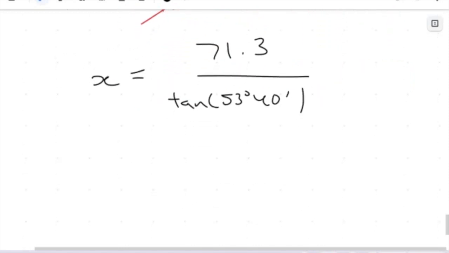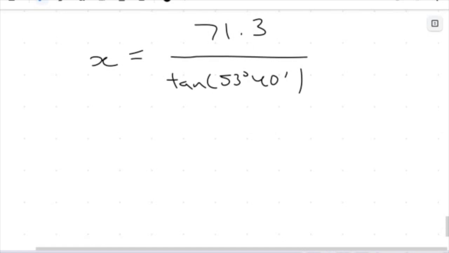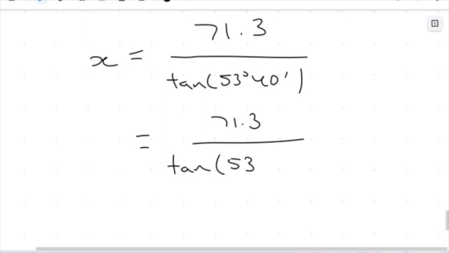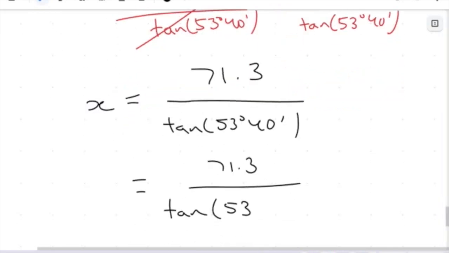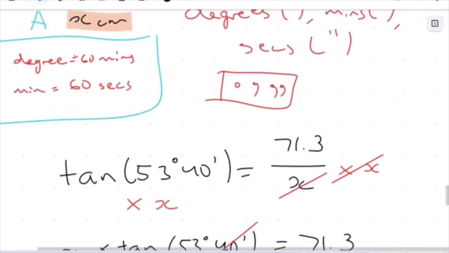And as you put this into your calculator, you'll put 71.3 on your scientific calculator on the numerator, and as you do the bottom part, you're going to first click your tan button, and as you put in the numbers, you're going to put in 53, and first, once we do that, we're going to click this button over here.